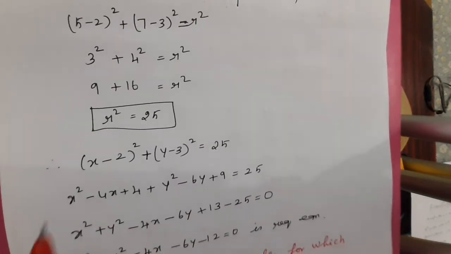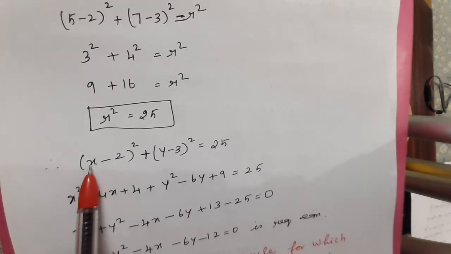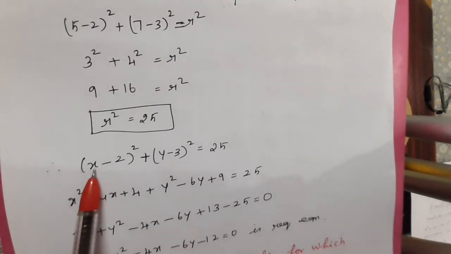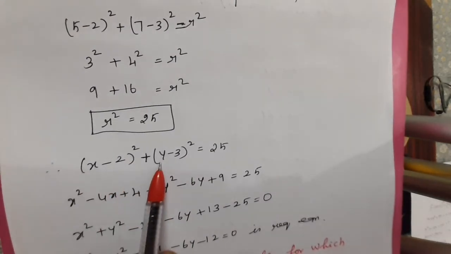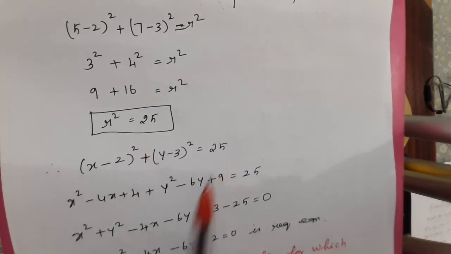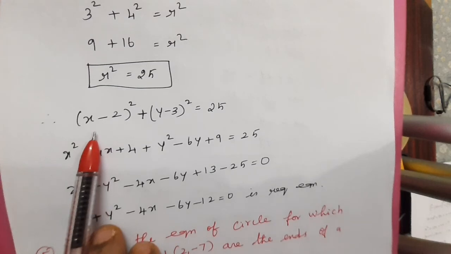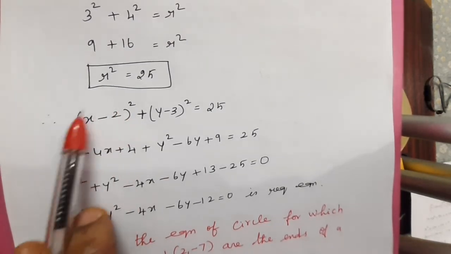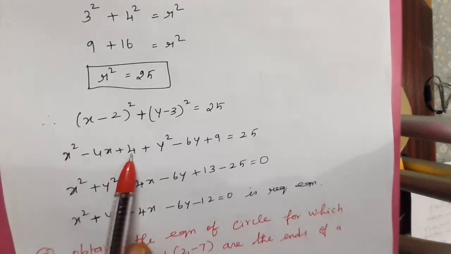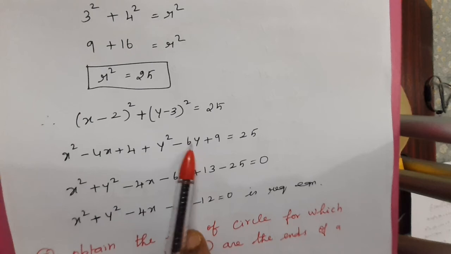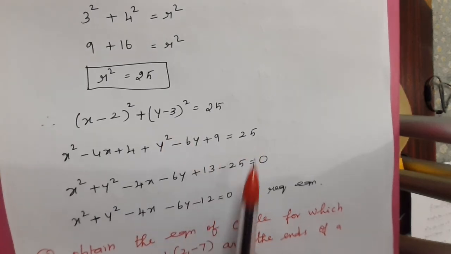Given the equation of the circle (x minus h), instead of h, k we know 2, 3 is the center. So (x minus 2) the whole square plus (y minus 3) the whole square equal to r square, which is 25. So expand. Again, we apply the formula (a minus b) the whole square. (x minus 2) the whole square: a square minus 2ab, 2 2s are minus 4x, plus 4, plus b square. y square, 2 3s are 6y, minus 6y plus 9 equal to 25.